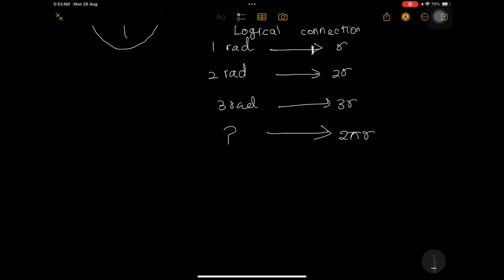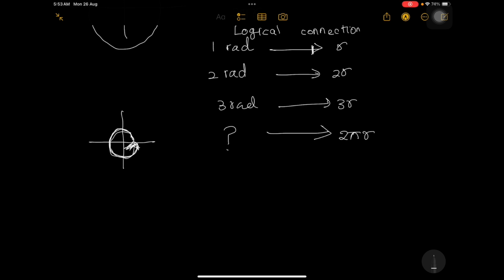What is the fullest angle of a circle in radian?